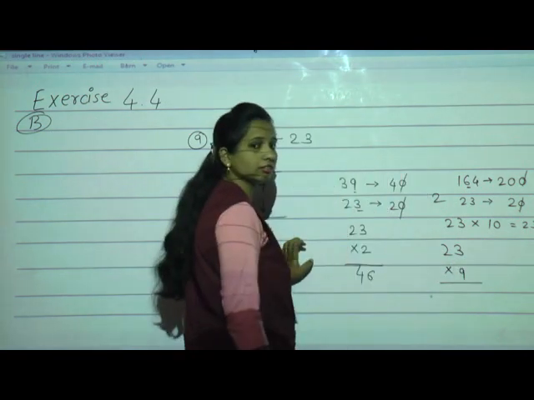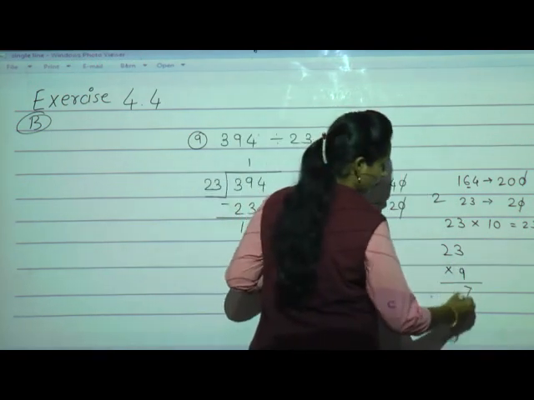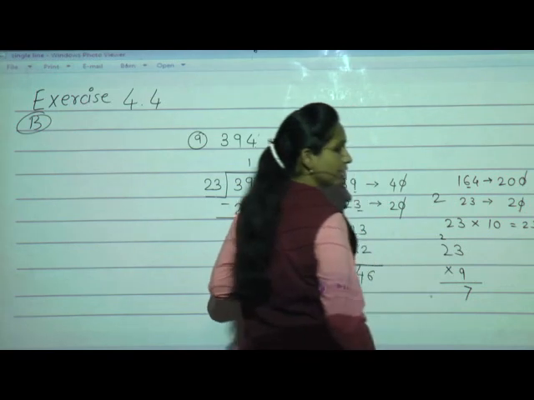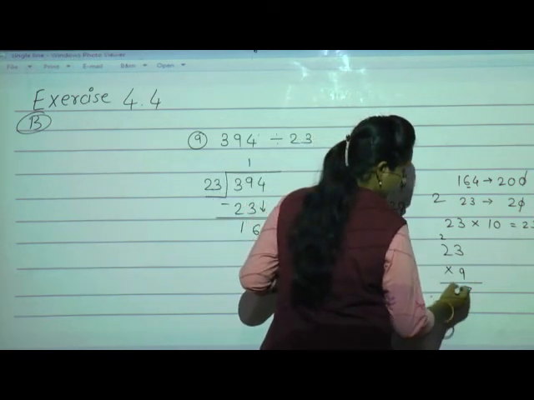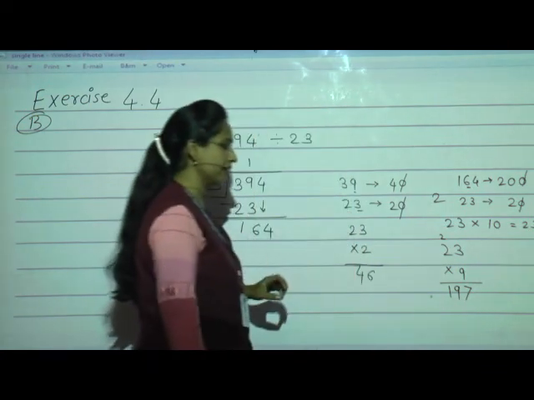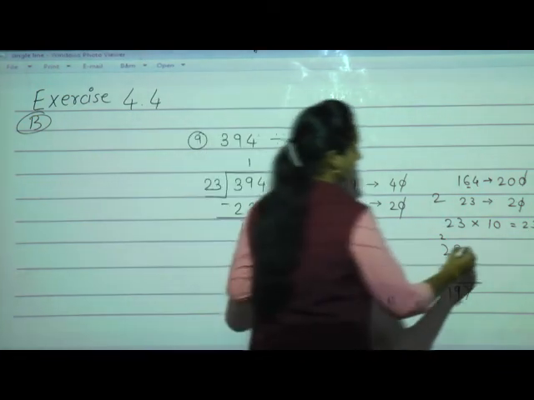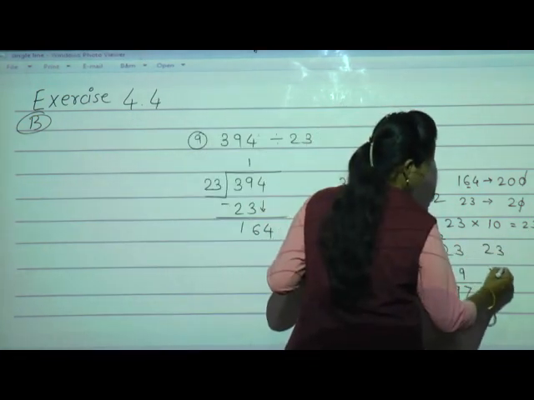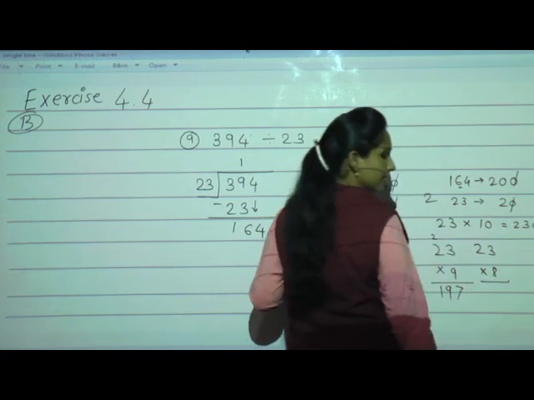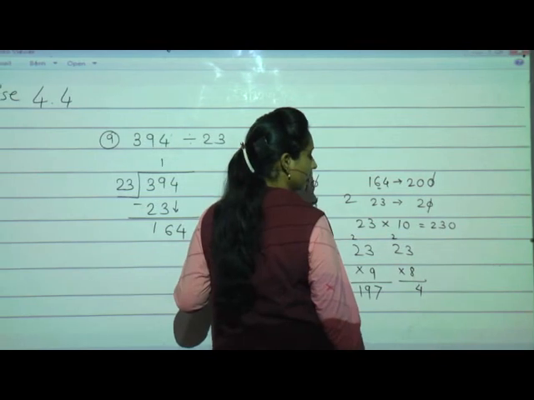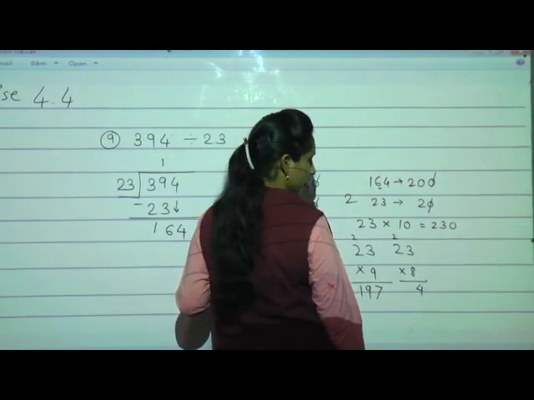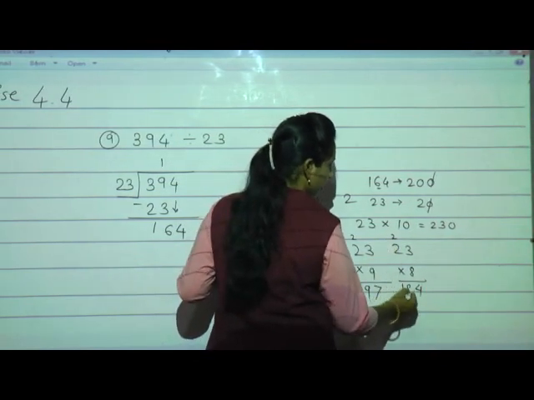9 3s are 27, isn't it? 9 2s are 18, 18 plus 2, yes. It's a greater number. Again I have to try. 23 8s: 8 3s are 24, 8 2s are 16, plus 2 is 18.